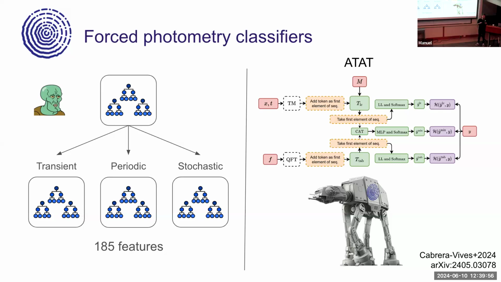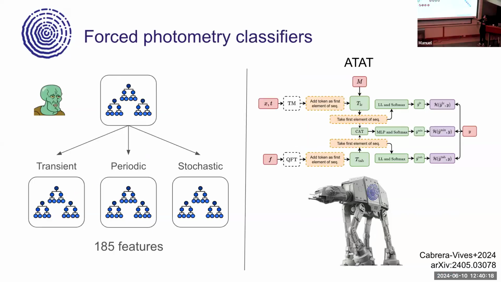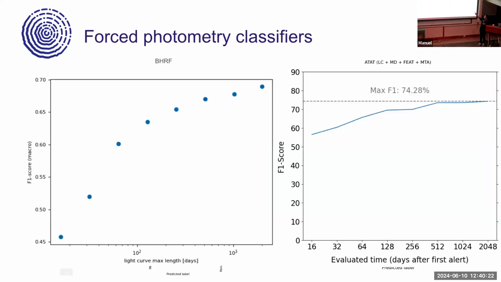In the main paper, which has been accepted today, we have comparisons between how it performs using only light curves, only features, and everything together. In the three cases, the best classifier was the one with everything together.